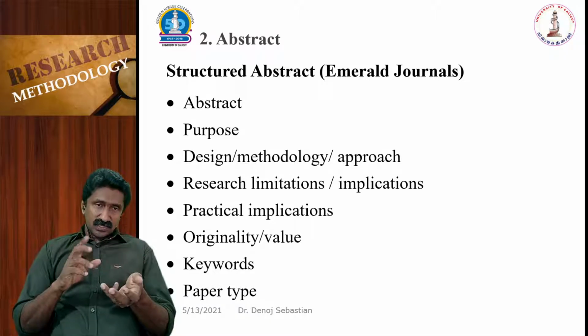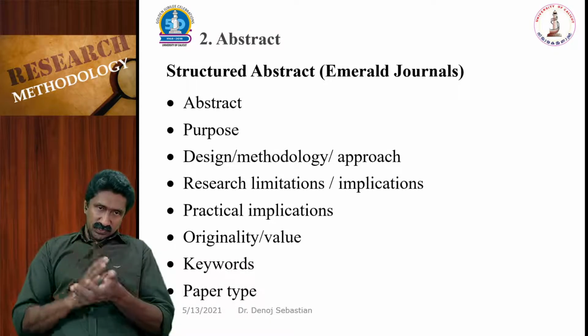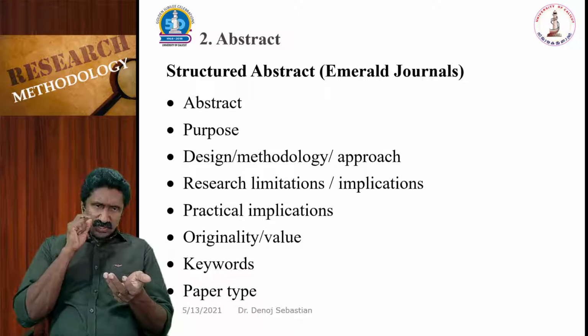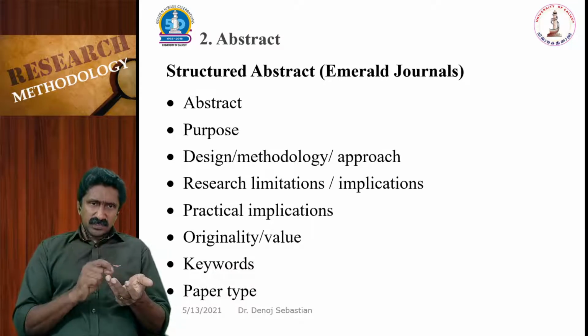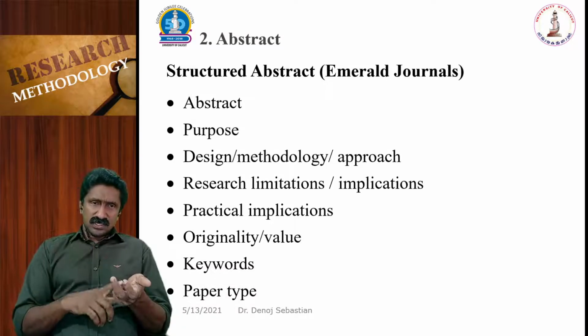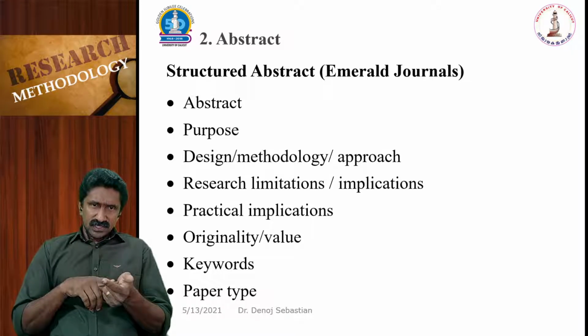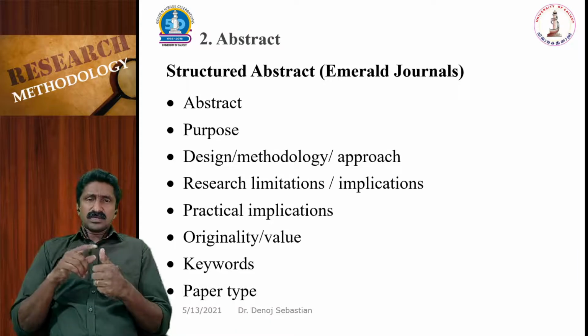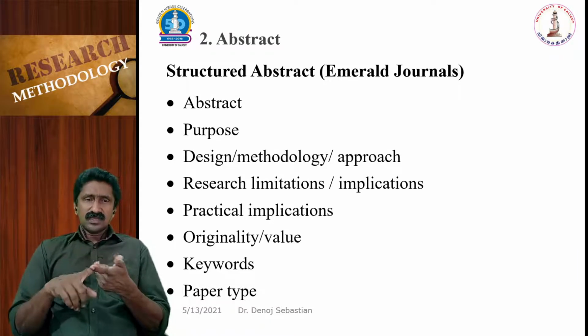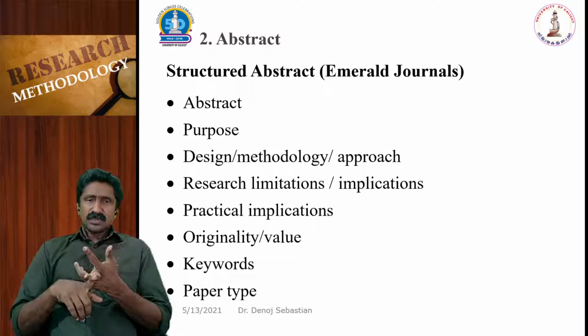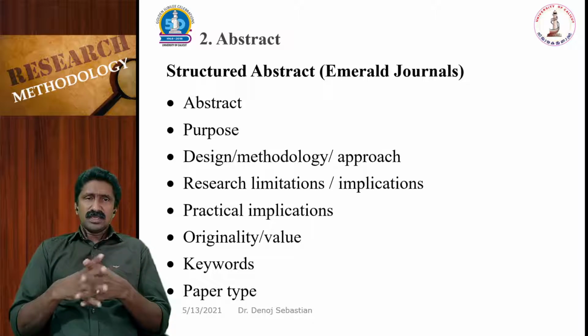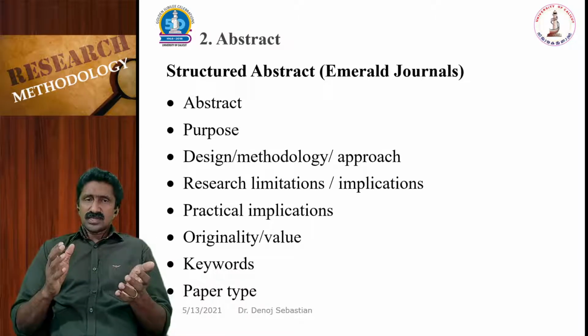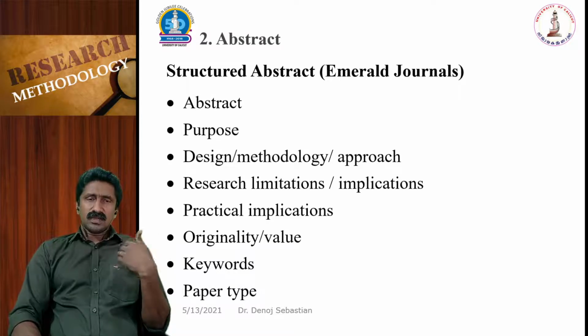Structured abstract means the abstract contains these portions: purpose of the work, design, methodology, approach, research limitations or implications, practical implications, originality value, keywords, paper type, etc. All these things will be mentioned in the structured abstract, and subheadings may be available.